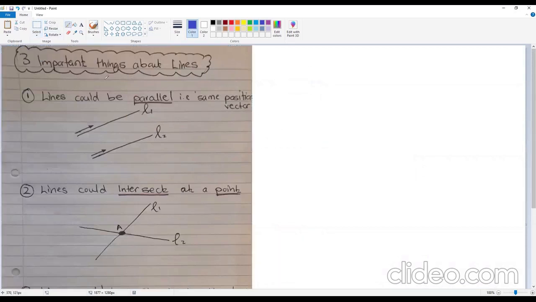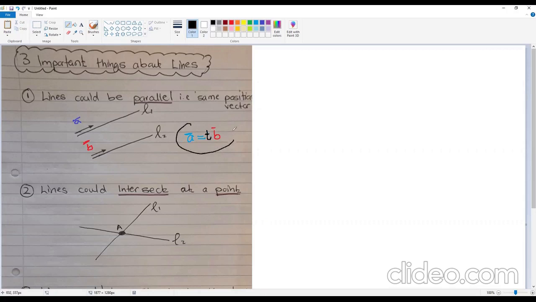So lines can be parallel, and I showed you that when they are parallel, this vector is called vector A and the other one is called vector B. When they are parallel, it means vector A is equal to some constant, we're going to call it lambda, lambda B. Now let's call it t, t is much better.